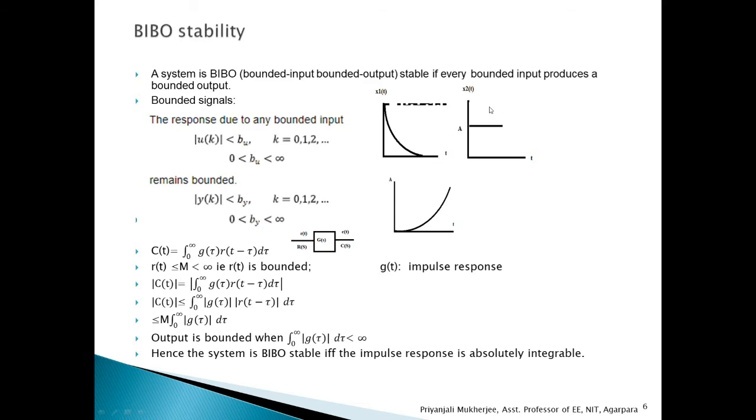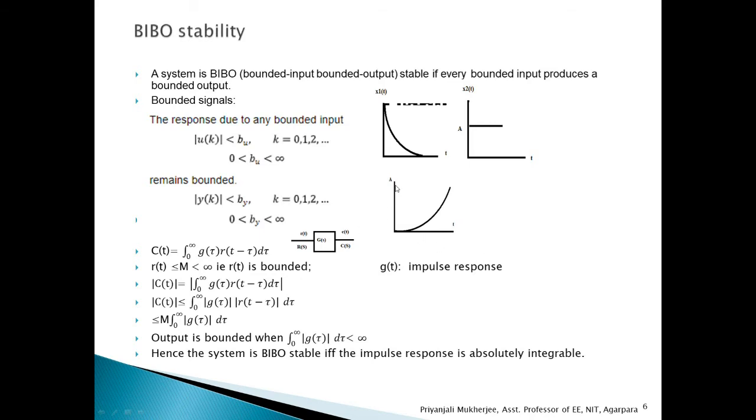If we consider this other function, it is bounded within the magnitude a, and it remains a as t increases. That means in both cases the signal is bounded within a marginal value, for k equal to 0, 1, 2, etc.